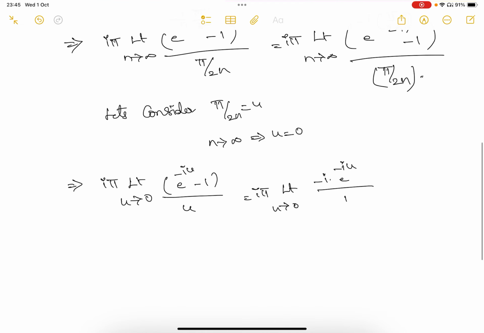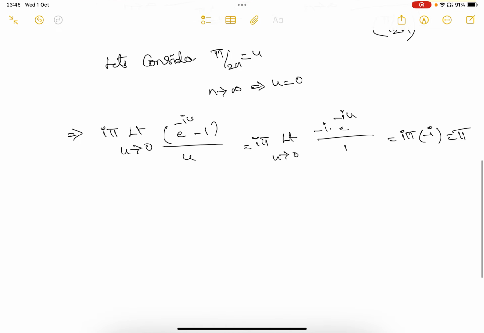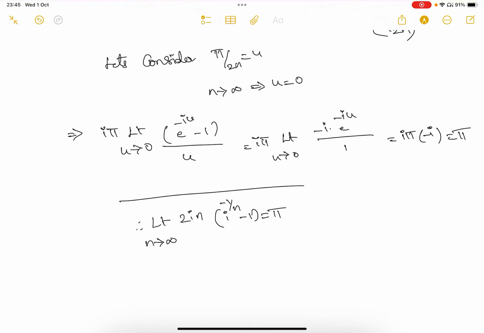When you apply u tends to 0, this will be i pi times -i e^0, and e^0 is 1. So this will be pi, right? So finally, limit n tends to infinity of n(i^(-1/n) - 1) is pi. This is the final solution.